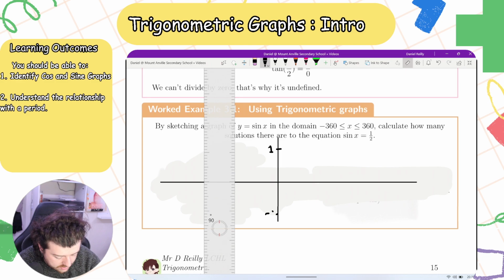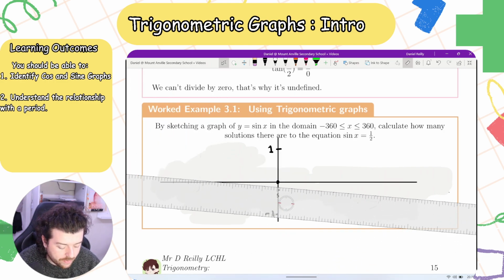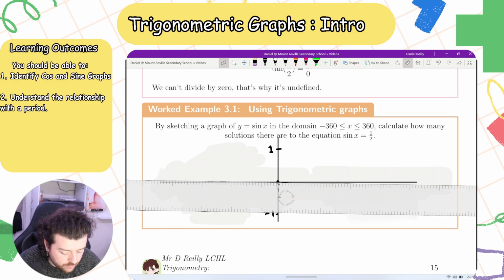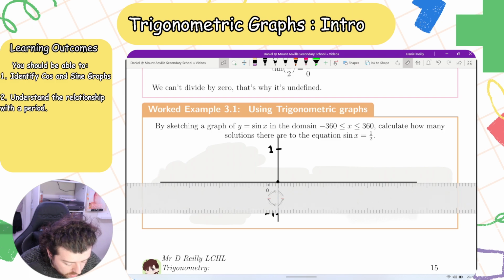There we go. That's minus 1, and that's 1. This is 0. We're going to go up in 90 degrees. What's really important when we're plotting a trig graph, or using our calculator to calculate points on a trig graph, is that we always go up in quarters of the period. A quarter of 360 is 90.